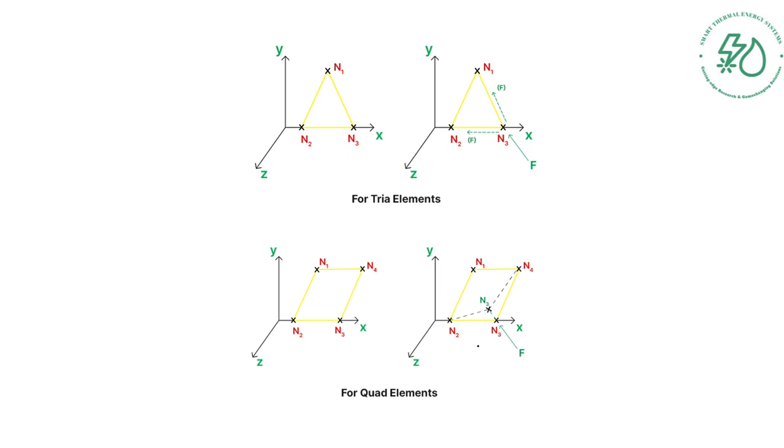So N3 can bend and move along the Z direction. As a result, we have N1, N2, and N4 in XY, along with N2, N3, and N4 in the other plane. Thus, having the nodes in two planes causes the bending in quad elements.